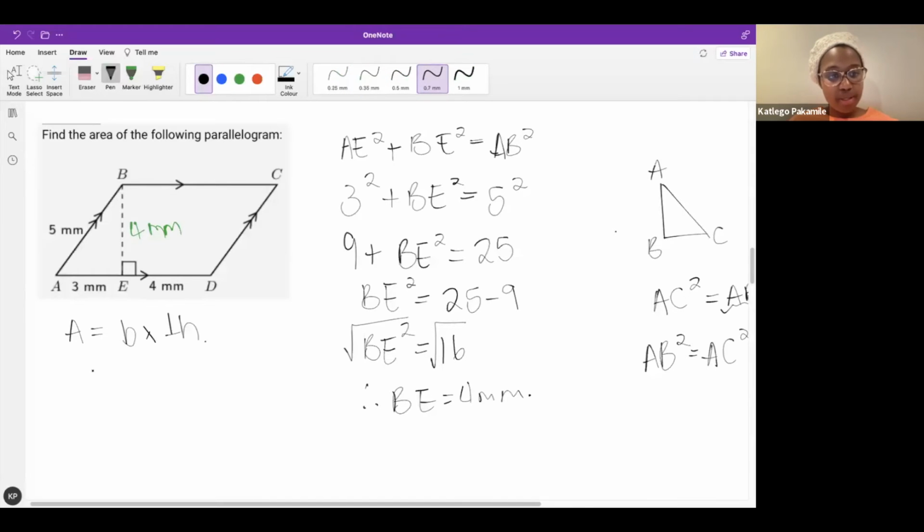What's my base? 7 times my perpendicular height, 4. So then my area is 28 millimeters. It's missing something. Millimeters squared. Thank you very much.